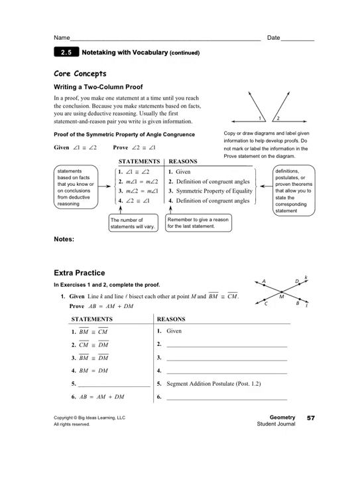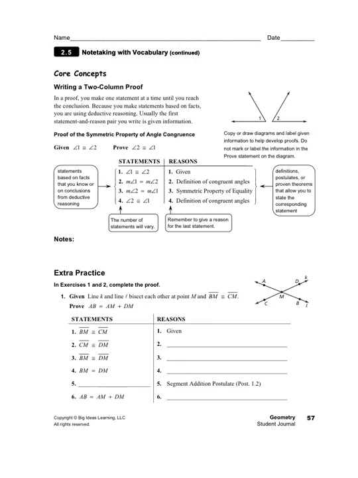So if the measure of angle 2 is equal to the measure of angle 1, then we can conclude that angle 2 is congruent to angle 1 based off of the definition of congruent angles. Your last statement is always going to include what you're trying to prove.